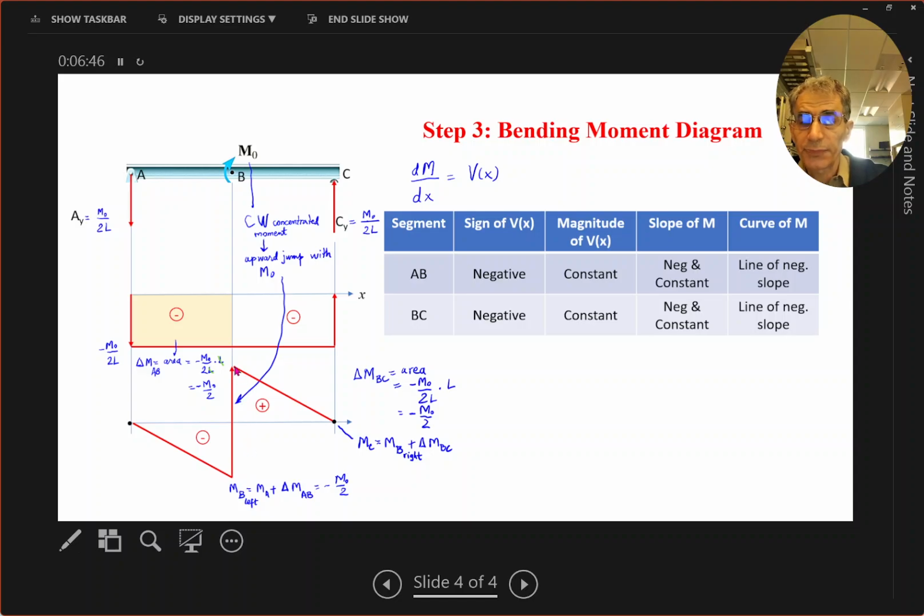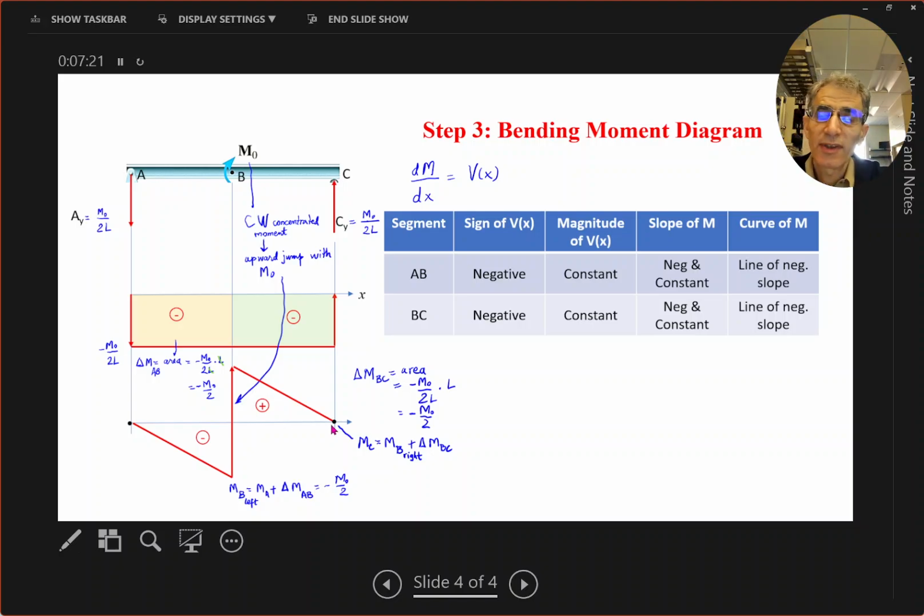So we'll start from here after the jump, at the right of point B. So again, the change in the moment will be the area under the shear curve. I'm saying under, but as we see, it's above in this case, because the curve is underneath the axis anyway. So we can see that this is the area of this green rectangle. Easy to calculate again, and then we are getting the diagram.